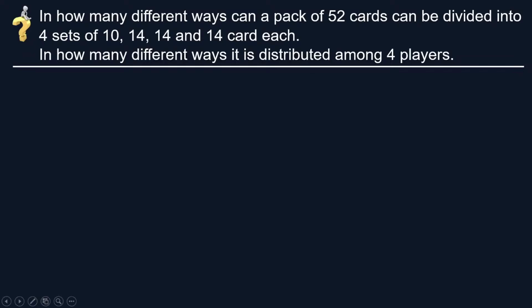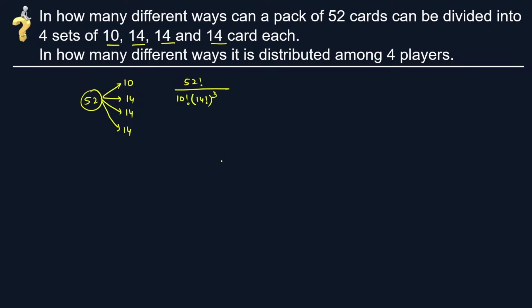See this question. In how many different ways can a pack of 52 cards be divided into 4 sets of 10, 14, 14 and 14 cards each? So what you are doing, 52 cards are there. You are dividing them into 4 groups containing 10 cards, 14 cards, 14 cards and 14 cards, right? So what will be the total number of ways of grouping those cards? It will be factorial 52 divided by factorial 10 into factorial 14 three times.